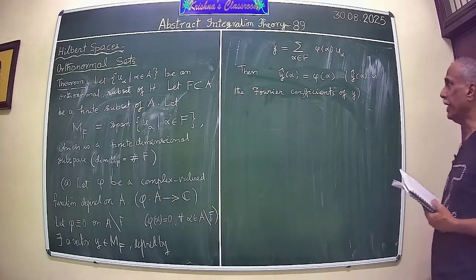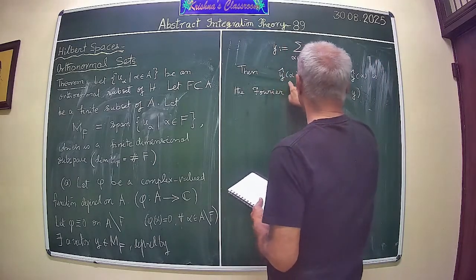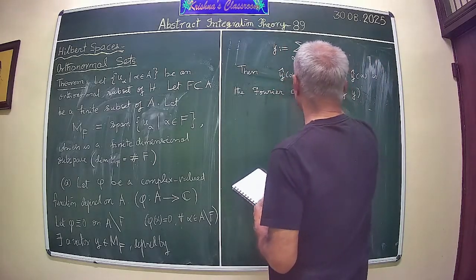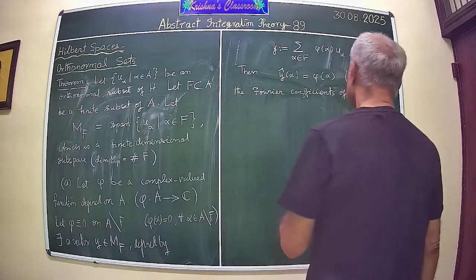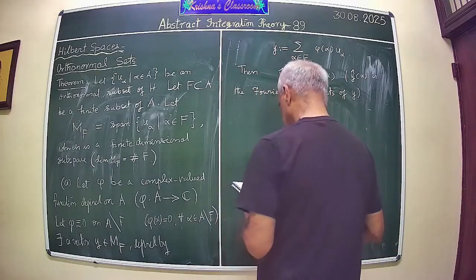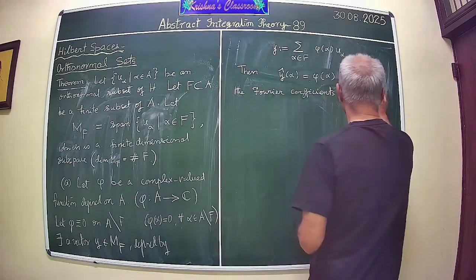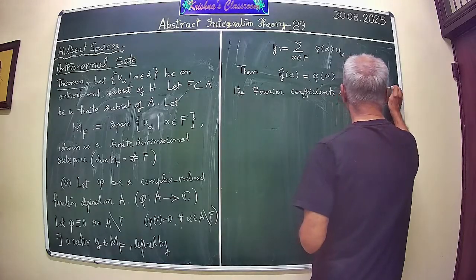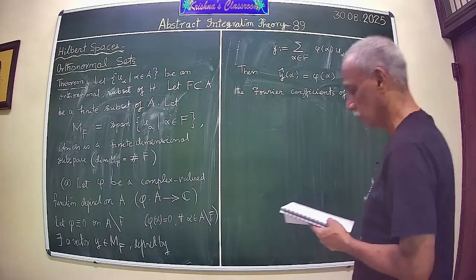So with phi, you construct a function y, and then you have y hat alpha, that is the Fourier coefficient of y is equal to phi alpha. So that is one of the results. This is true for every alpha belonging to A, in fact, because it is going to be 0.